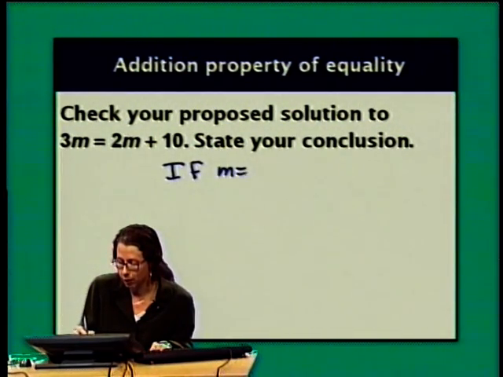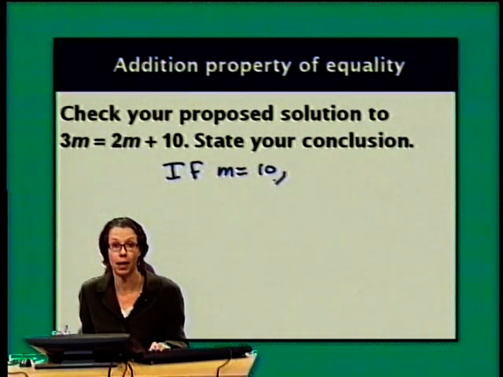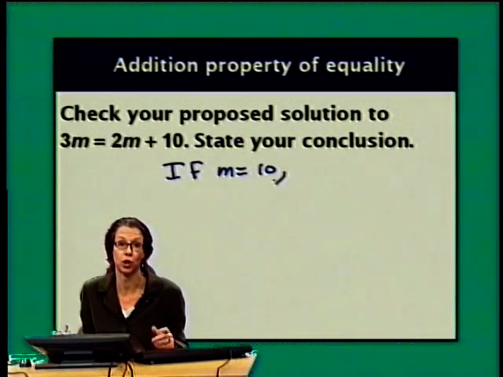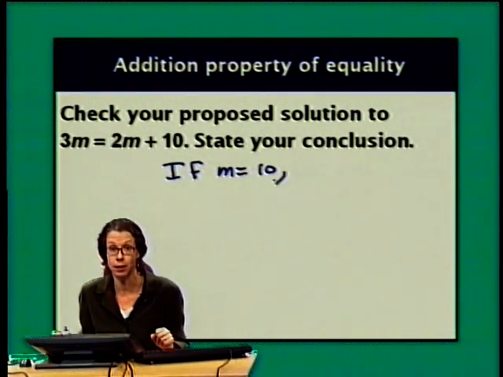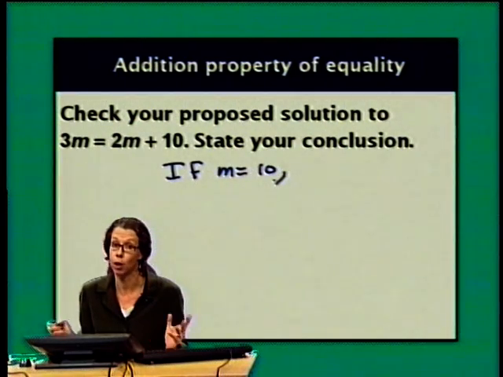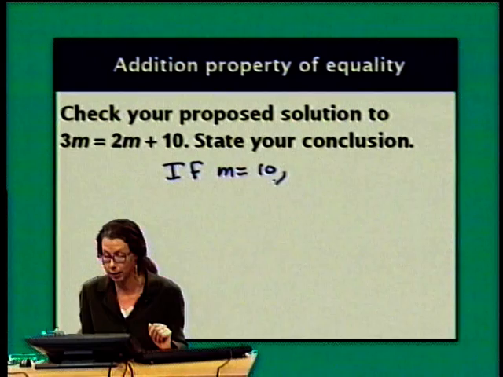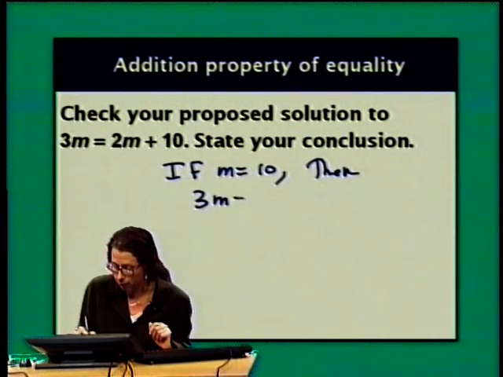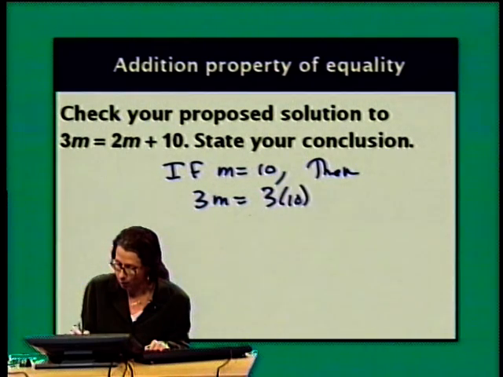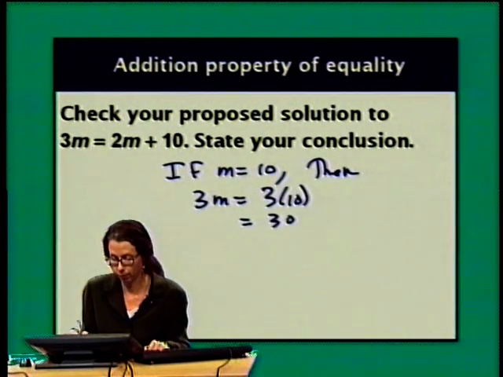So if m equals 10, now in this check, I have to evaluate the expression on the left-hand side for m equals 10, and I'm also going to have to evaluate the expression on the right-hand side for m equals 10, and I'm going to hope that I end up with the same thing in both cases, because those two sides must be equal. So 3m equals 3 times 10, which equals 30.